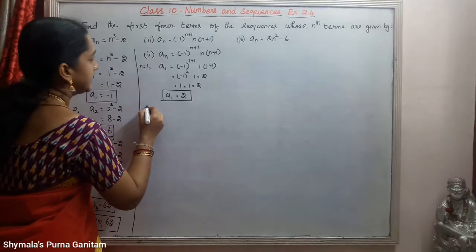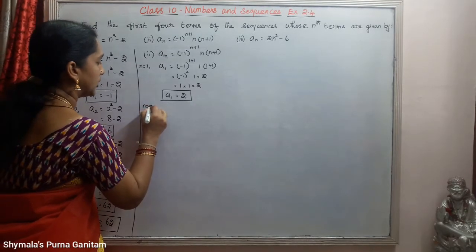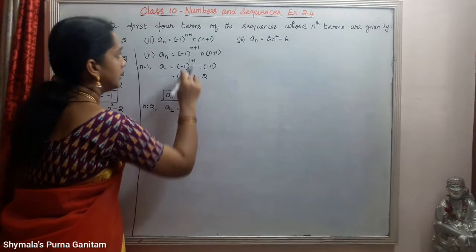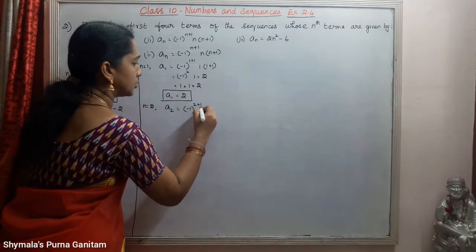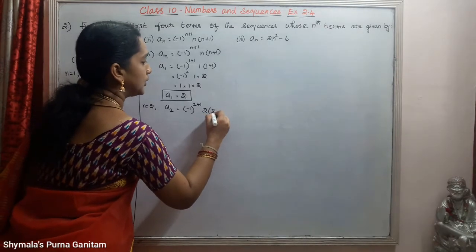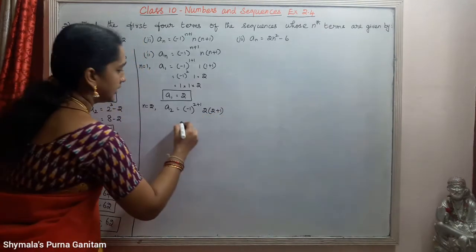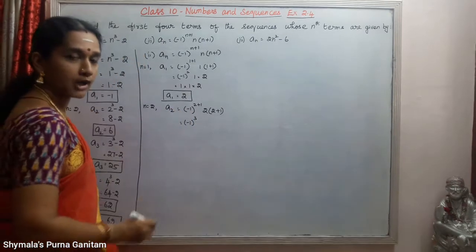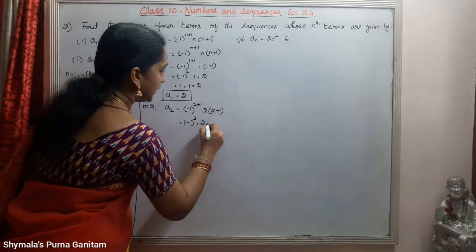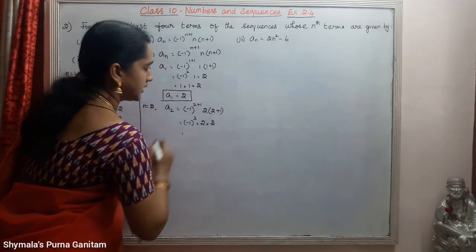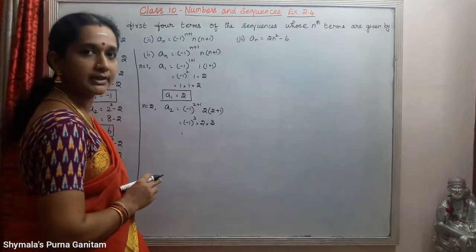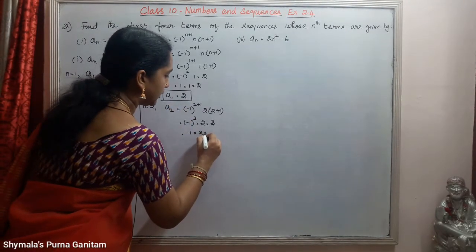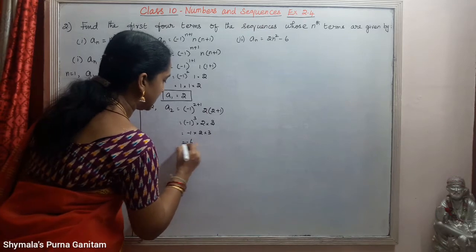So it is 2. So a1 is 2. Then a2, that is n is equal to 2. So a2 is equal to (minus 1) whole power 2 plus 1, into 2 into 2 plus 1. So this is equal to (minus 1) whole power 3, odd number, into 2 into 3. Since (minus 1) whole power 3 is odd, we will get minus 1 into 2 into 3. 3 2s are 6, so minus 6.